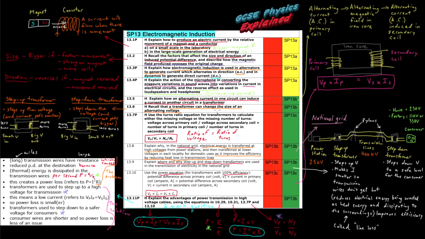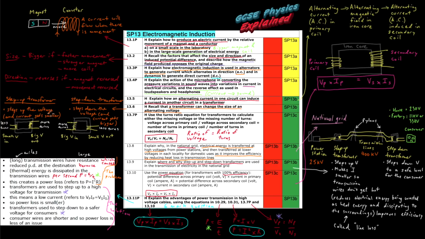Recall that a transformer can change the size of an alternating voltage. So, you've got 2 types of transformers, a step-up transformer and a step-down transformer. Whatever it says it does, that's what it does to the voltage. So if it's a step-up transformer, it steps up the voltage.